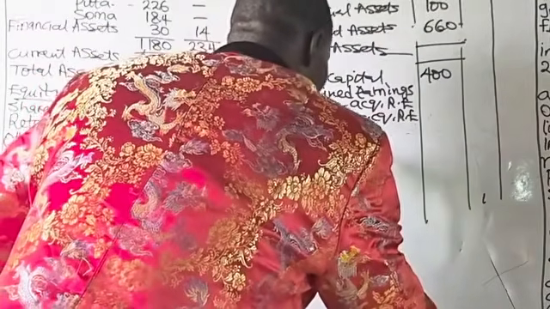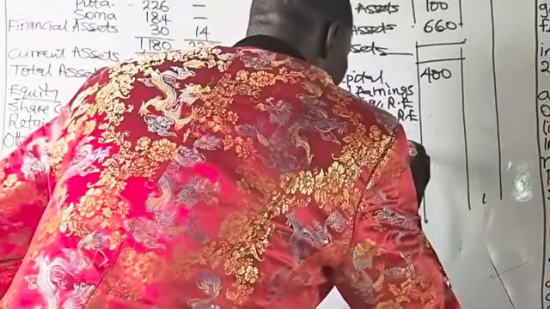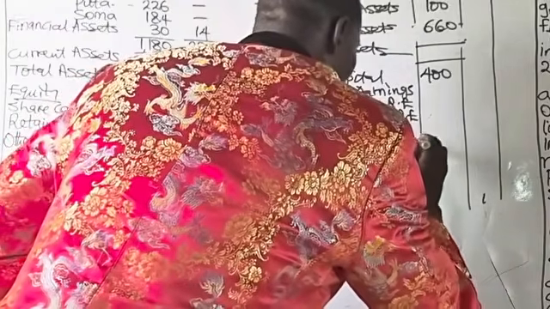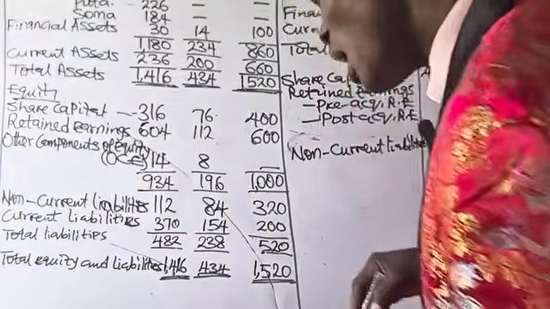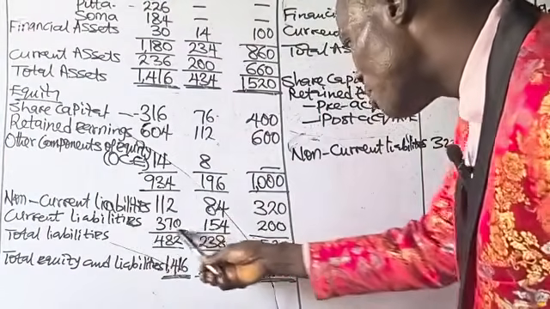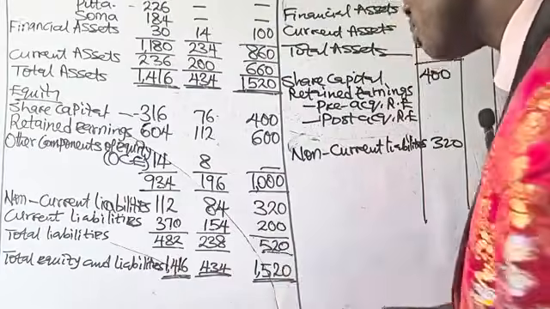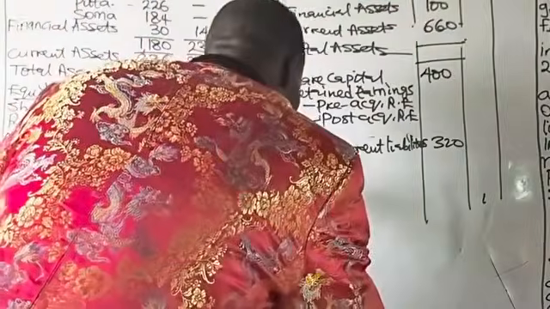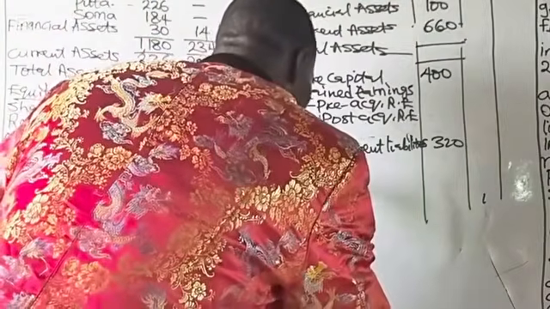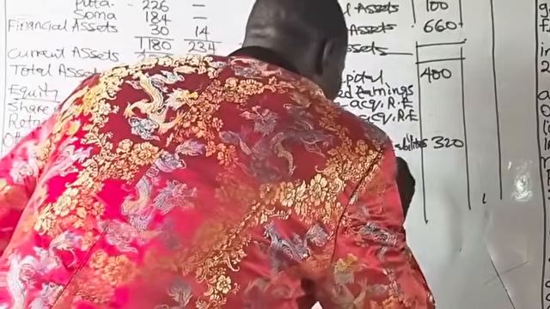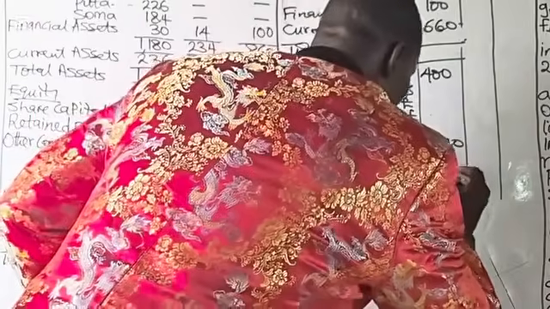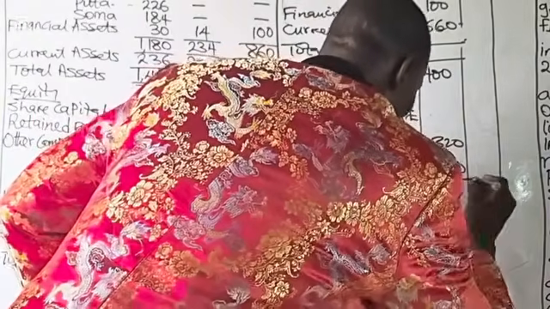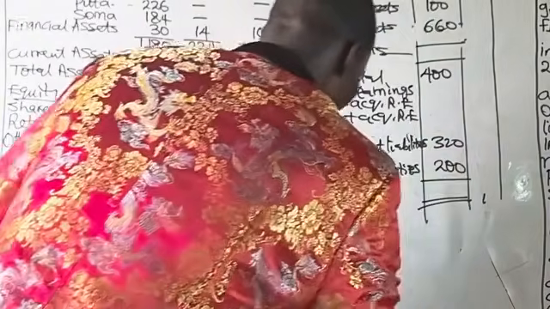Non-current liabilities, 320. Then we equally have current liabilities of 200. Current liabilities that amounted to 200. Then after that, we will have total equity and liabilities.